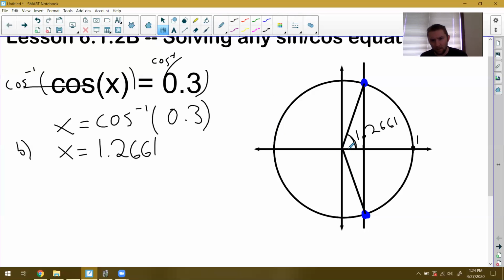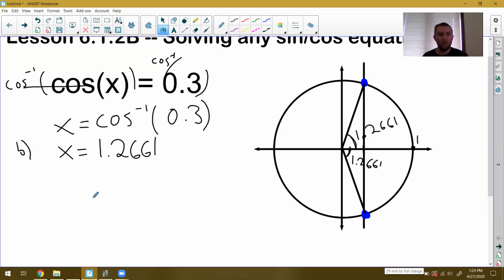Well, it's right here. This angle going down from the positive x-axis is also 1.2661 radians.